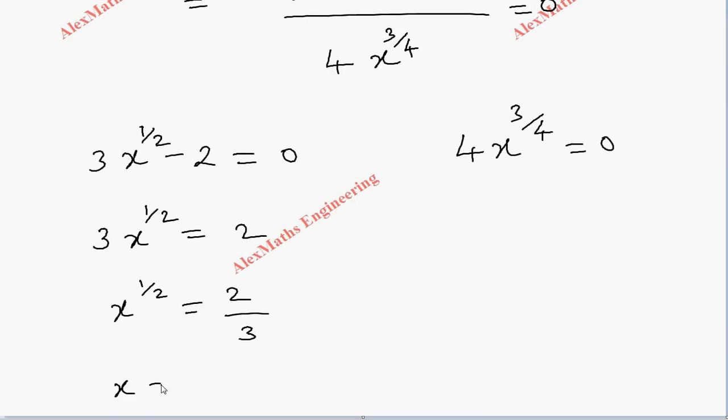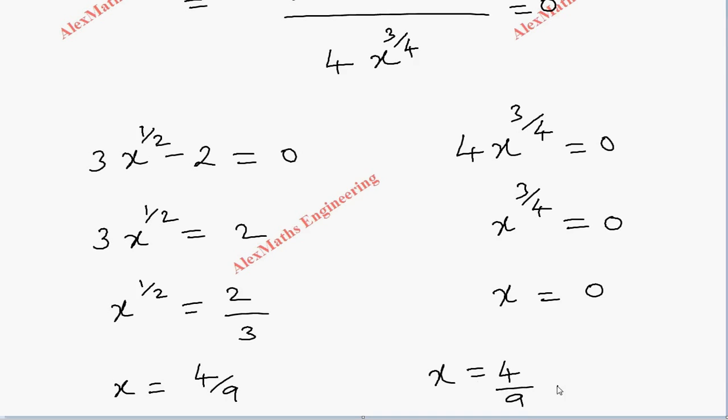So x will become 4 by 9, and here x power 3 by 4 will become 0, because this 4, if I take to the other side, 0 by 4 is 0, and since x power 3 by 4 is 0, x is also 0. Therefore we have two critical values. One is x is equal to 4 by 9 and the other is 0.